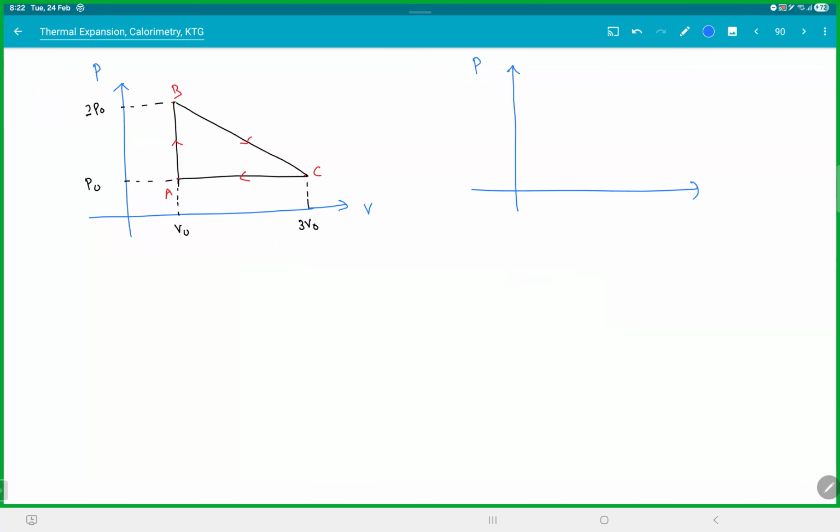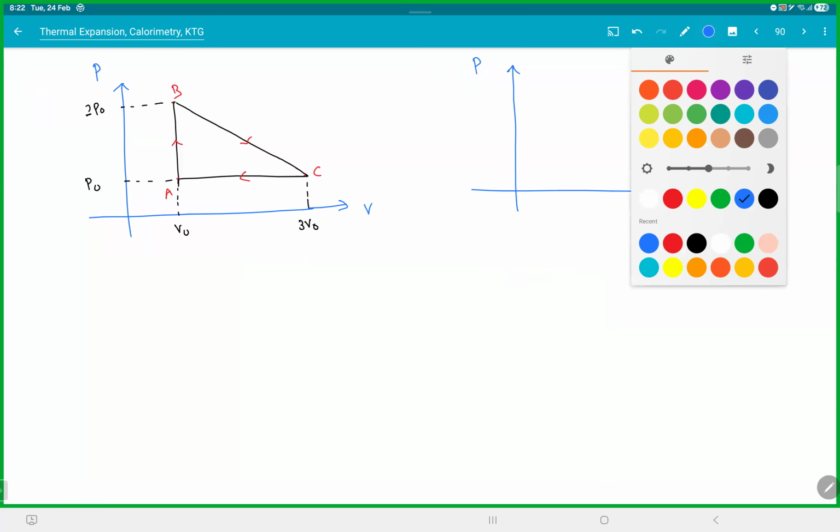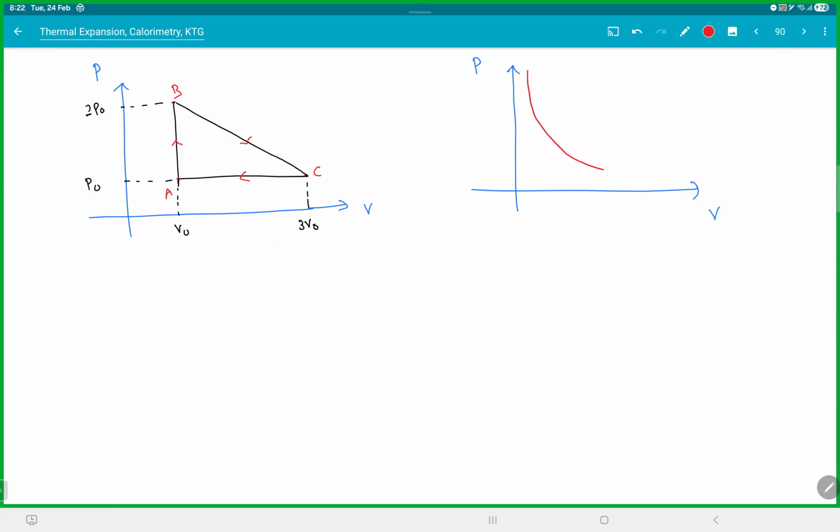On a PV graph, the temperatures are these hyperbolas, going something like this. You're getting it? I'm not drawing it properly, but you got the point. And the farther the isotherm, the higher the temperature.